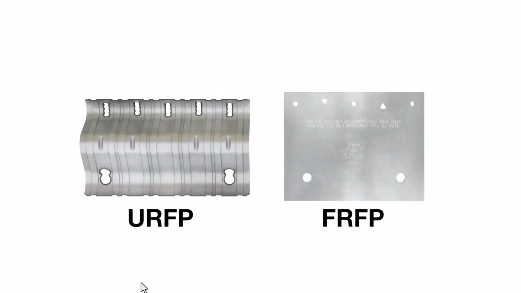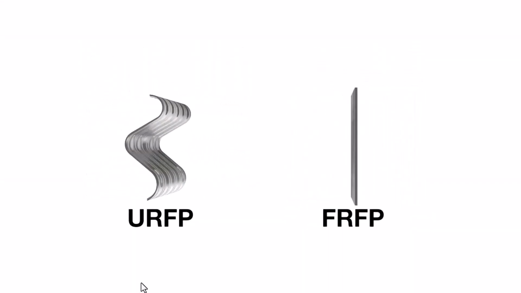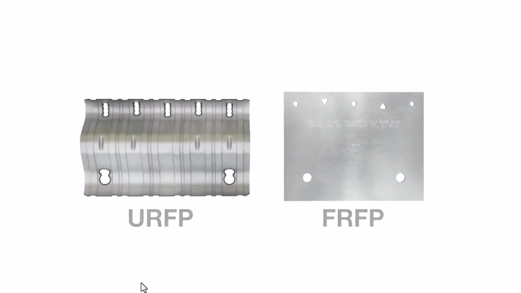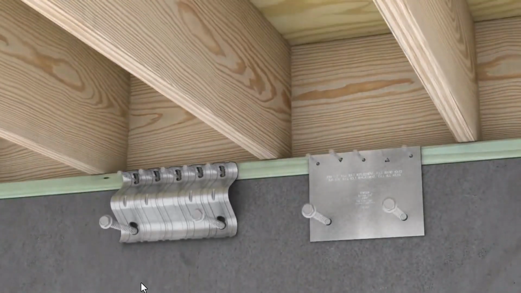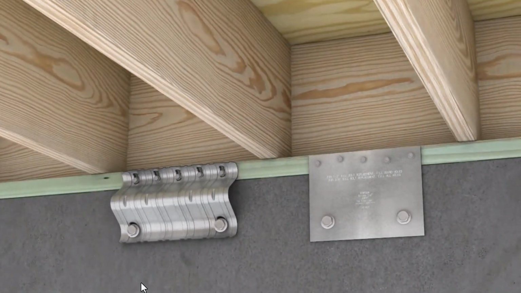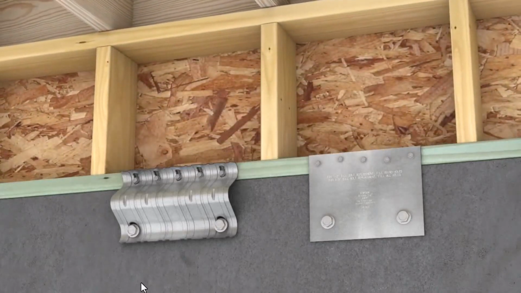information. The URFP and FRFP retrofit foundation plates from Simpson Strong-Tie are quick and easy solutions for securing your home to its foundation in situations with limited vertical clearance, where floors are supported directly on the foundation or where short cripple walls are present.